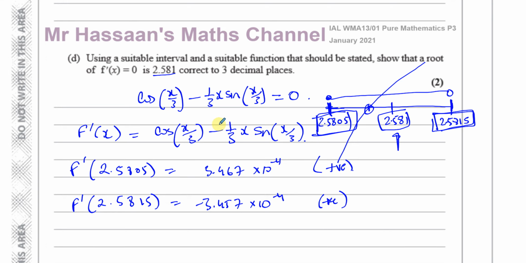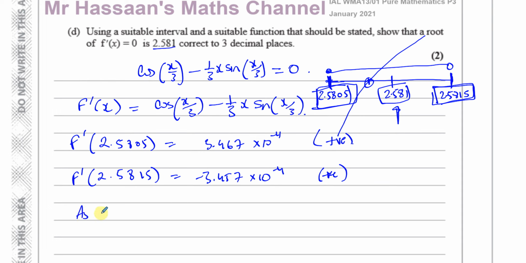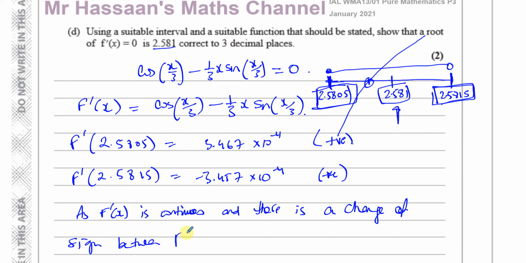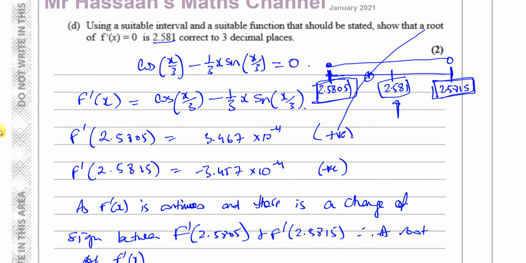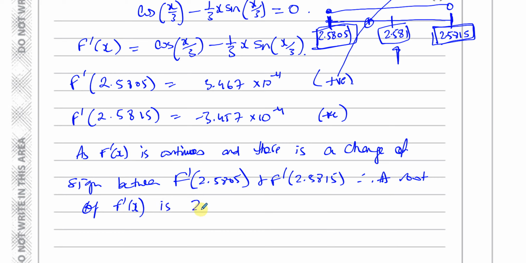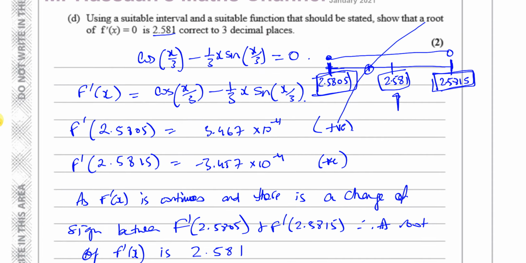So we can see we have to justify it, right? We have to mention a little statement that as f dash of x is a continuous function, and there is a change of sign between f dash of 2.5805 and f dash of 2.5815, therefore a root of f of x is 2.581, correct to 3 decimal places.